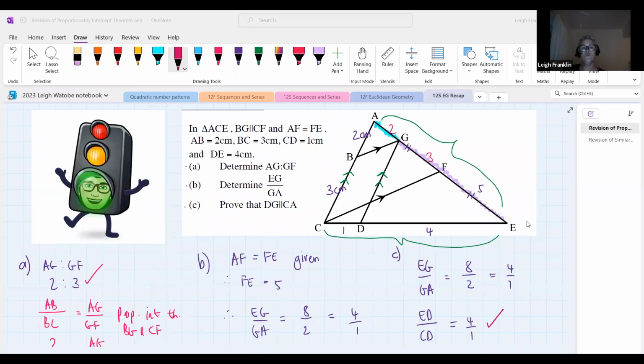But if you wanted to do CD over CE, then you could work with AG over AE. Or you could work with GE over AE, and then you'd have to work with DE over CE. So there are many different combinations that we could make. Nothing wrong with any of those. Any other questions, anybody?